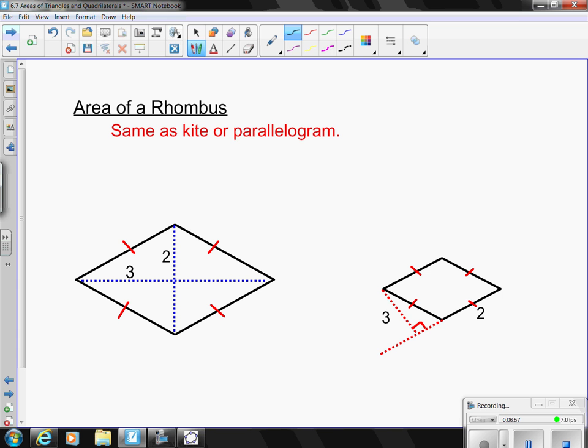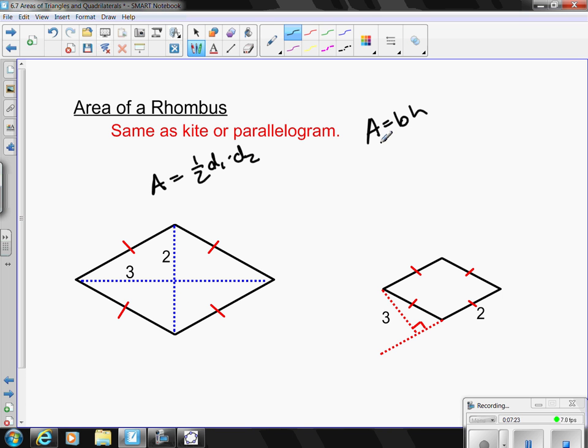Now the area of a rhombus, we could use 2 different formulas. The formula for a parallelogram, which is just base times height, and there's also the formula for a kite. So area is 1/2 diagonal 1 times diagonal 2, because kites and rhombuses are basically the same.